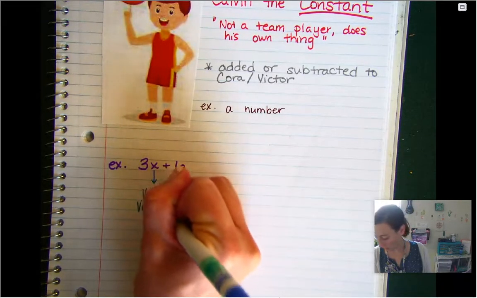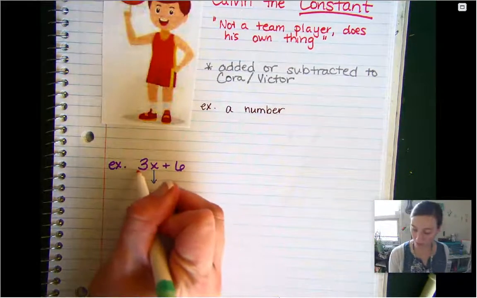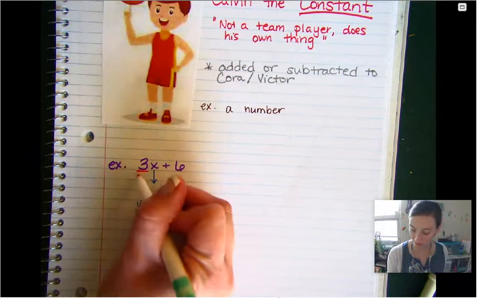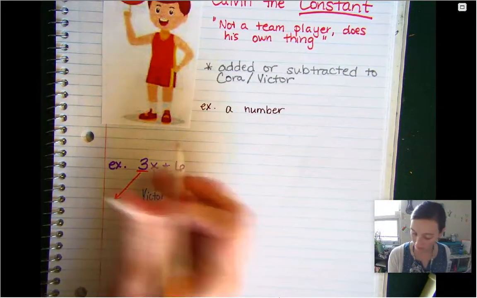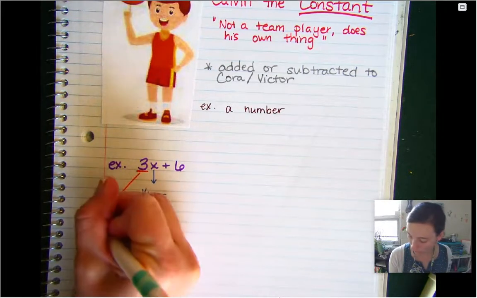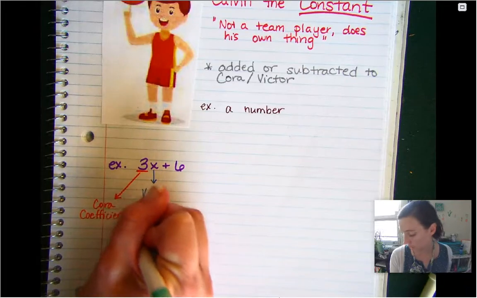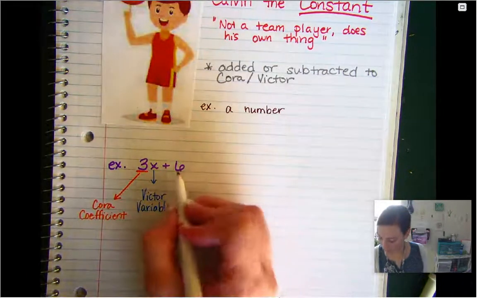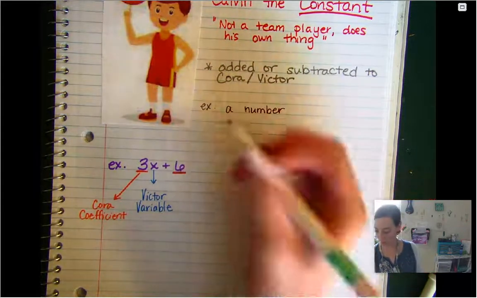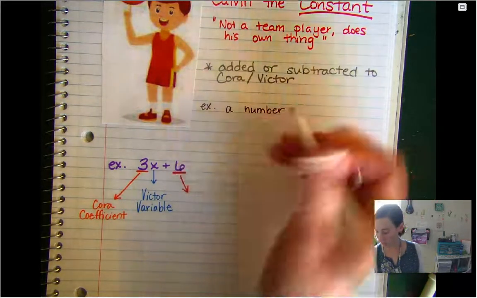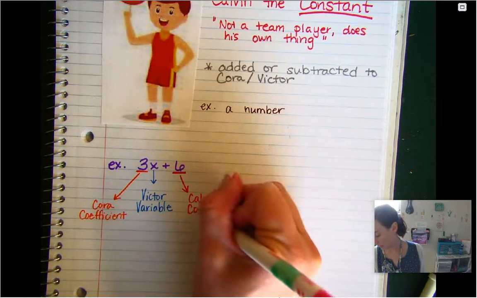Right here, the number that's right in front of Victor that multiplies by Victor, that is Cora. And remember, she's a coefficient, which is a strange word, but that's what it is. And then Kelvin back here is all by himself. He's not attached to these two. And he's a constant.